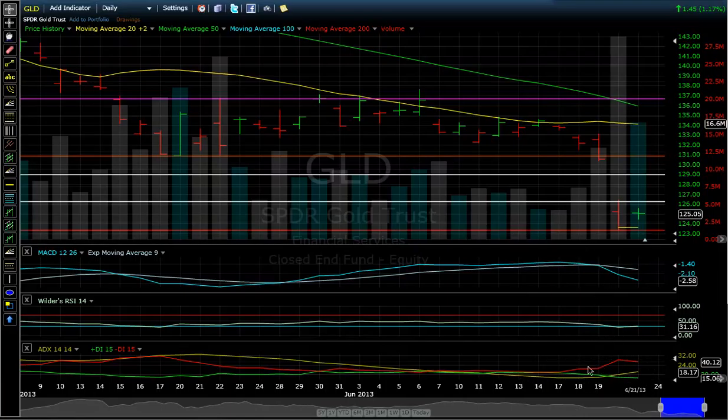What we're looking for in the ADX is the green, which indicates your bullish levels, and the red one, which is your bearish levels. You want to see the red one trend down, and you want to see the green one trend up. So this is your DI.